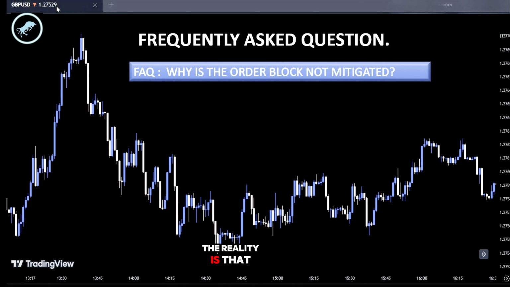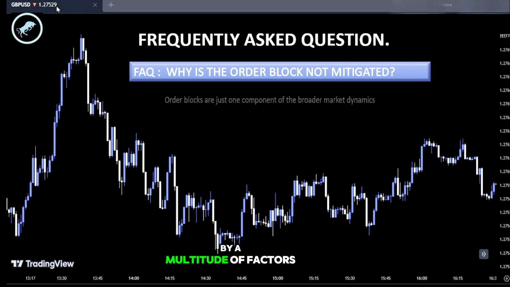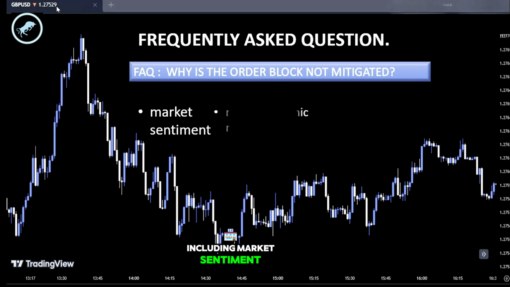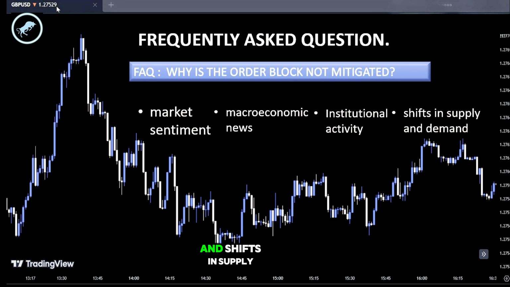However, the reality is that order blocks are just one component of the broader market dynamic. The market is influenced by a multitude of factors, including market sentiment, macroeconomic news, institutional activity, and shifts in supply and demand. These elements collectively form what is known as order flow, and without understanding this, your trading strategy might be missing a crucial element.